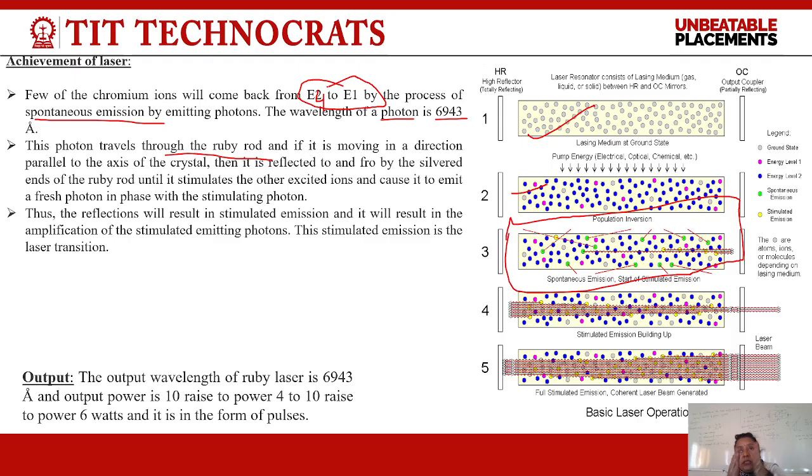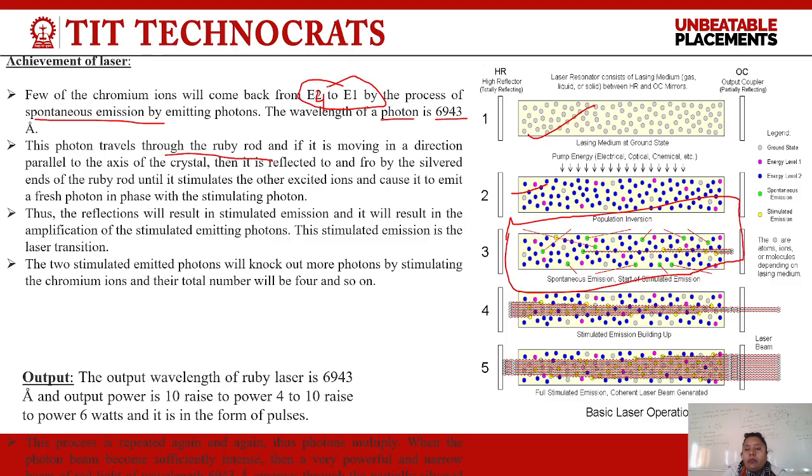Because the first photon, generated through spontaneous emission, works as a stimulator for other chromium ions to come back to their ground state.